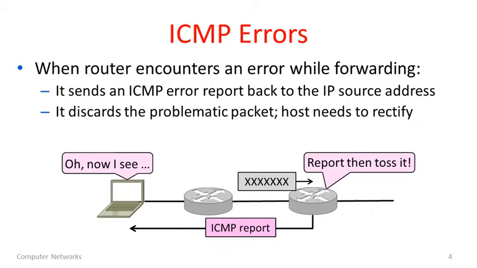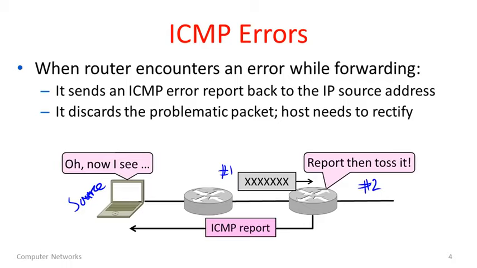Here's the overall picture for how ICMP is involved in errors during forwarding. What happens is that, step number 1, someone sends a packet. There's the source on the left. It sends a packet into the network. It looks like a strange packet. Maybe it makes it through the network somehow. And then some router has a problem forwarding this packet because of bad information in it perhaps.